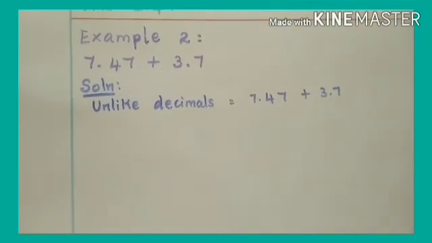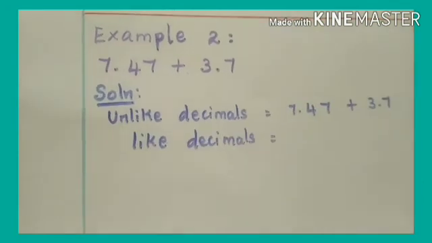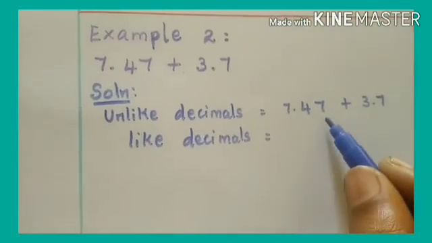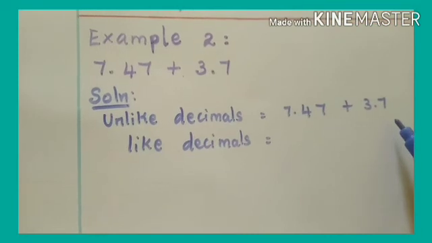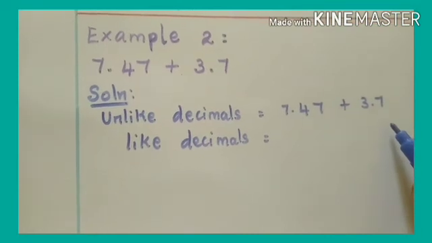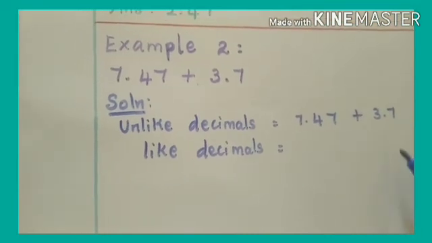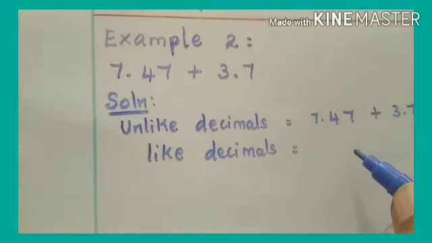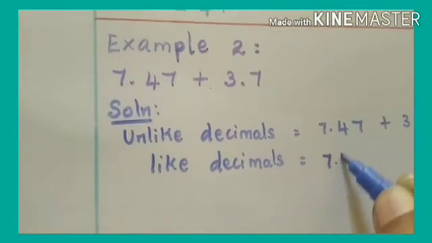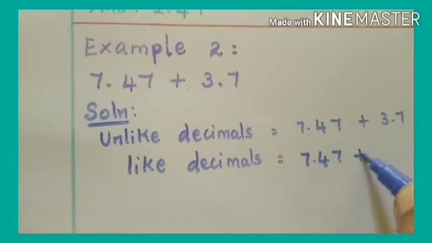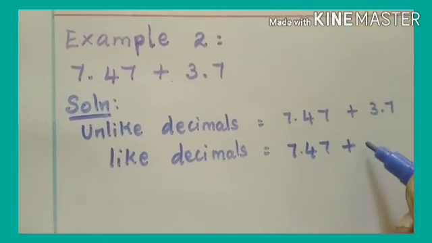Now find the like decimals. 3.7 can be written as 3.70. So write 7.47 plus 3.70.